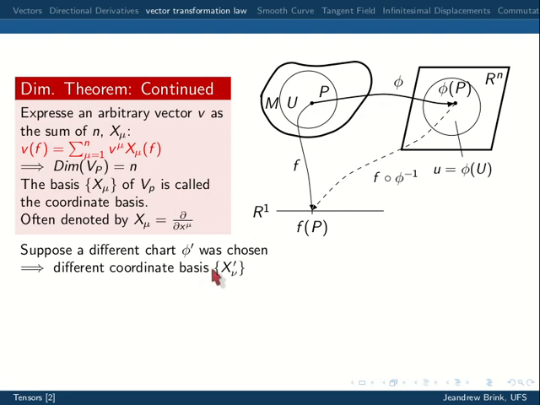Once again, it was defined as ∂/∂x in a specific direction, so if you have a different chart, you have a different coordinate basis. But the main thing now is you can relate the expansion on the one coordinate basis in terms of the other one. And this becomes crucial when we actually work with coordinate systems.